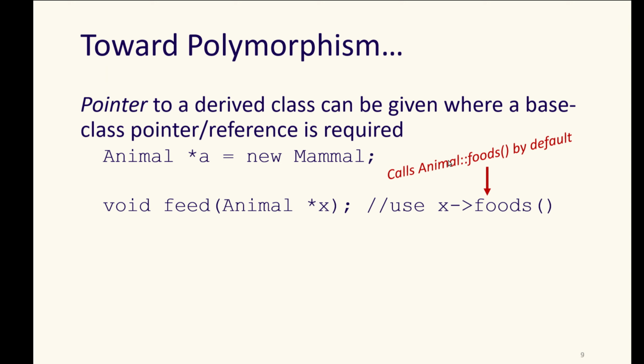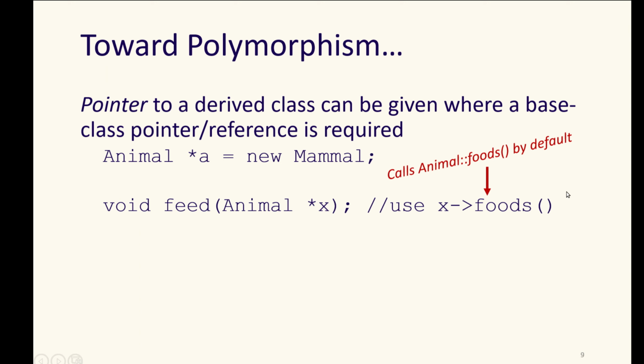So if you override a function like the foods one that we did a moment ago, and say we wrote a feed function that takes an animal pointer as a parameter, then inside of there, if it calls foods, by default, when we override like we did before, it will call the animal one because it's an animal pointer that's being used there.